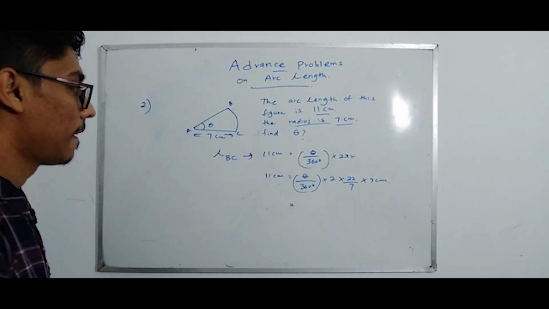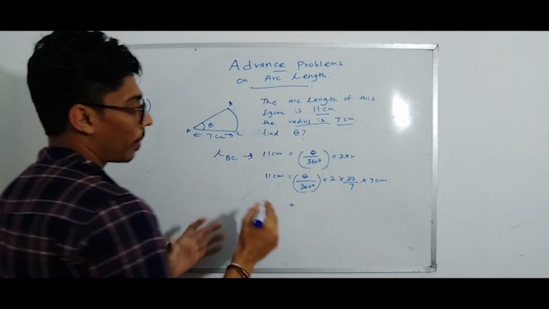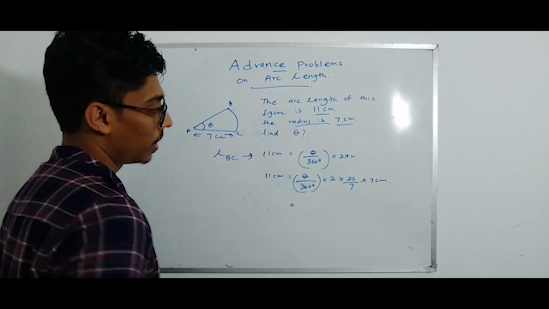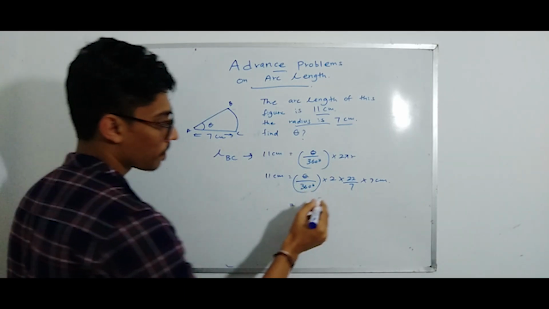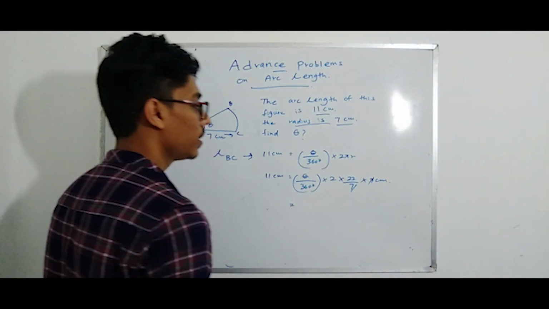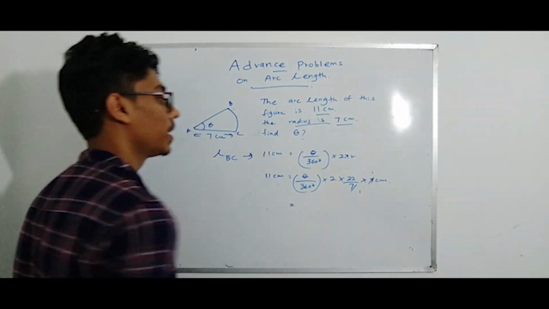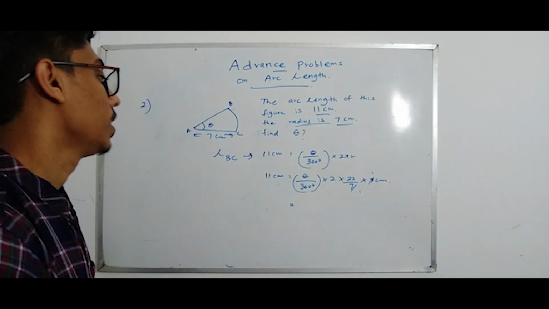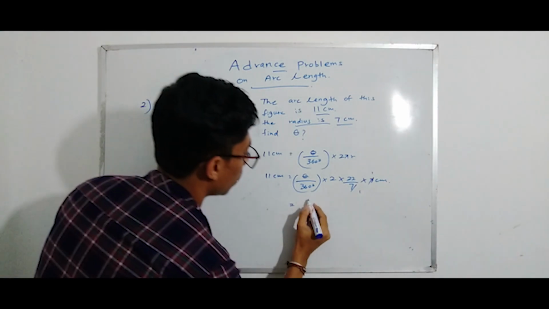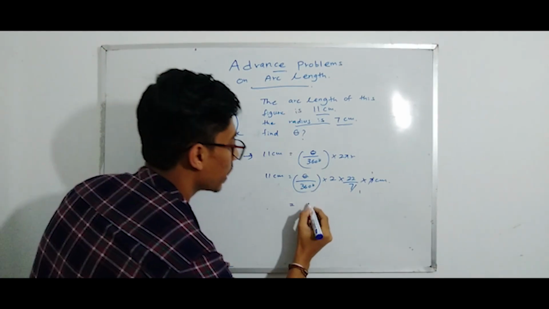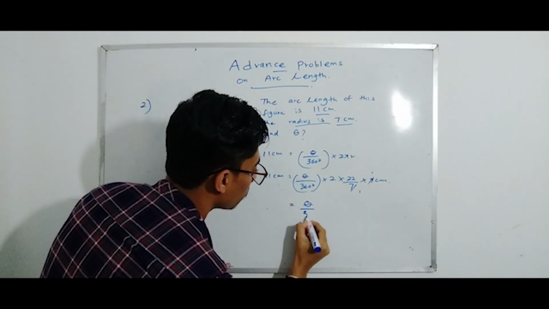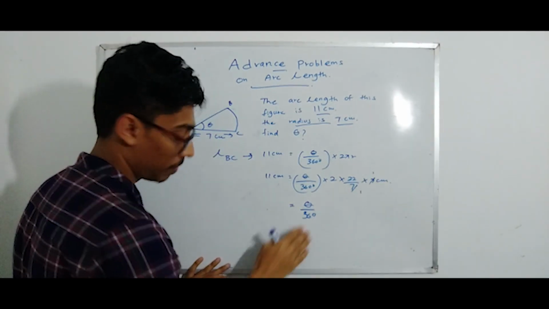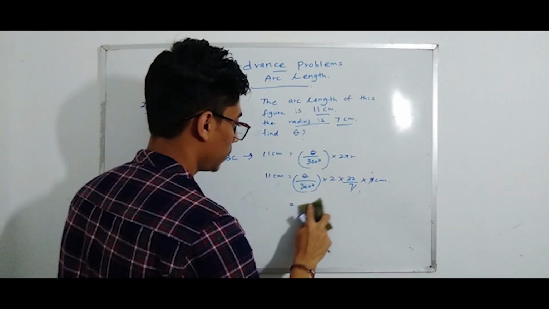Now how am I going to solve this? So you see, I can divide 7 by 7, 1 and 1 here, and I can divide both sides of the equation.